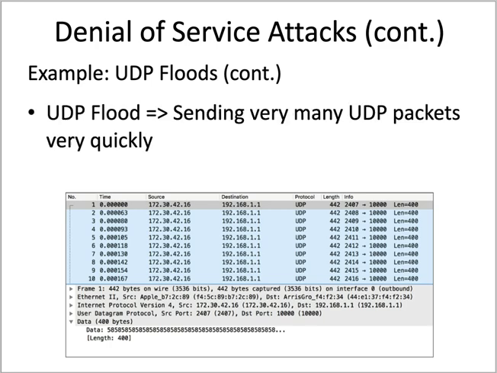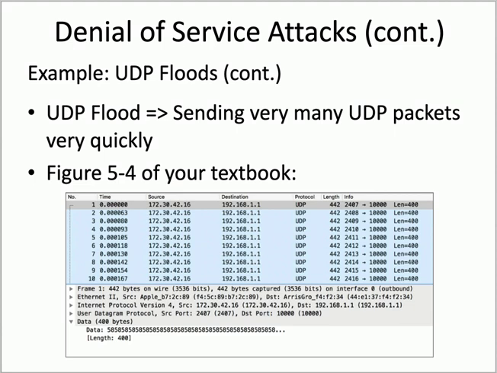So in the case of a UDP flood, we send many UDP packets very, very quickly with no delay. Figure 5-4 of your textbook shows a capture. Notice that the source is one machine, the destination is another machine, and notice it's a slew of UDP packets.